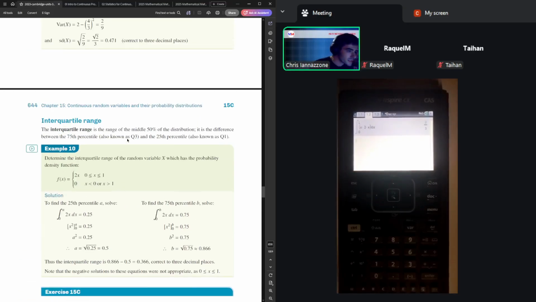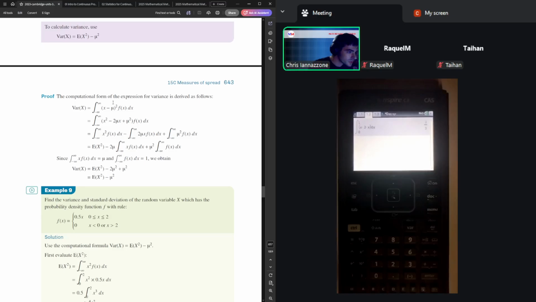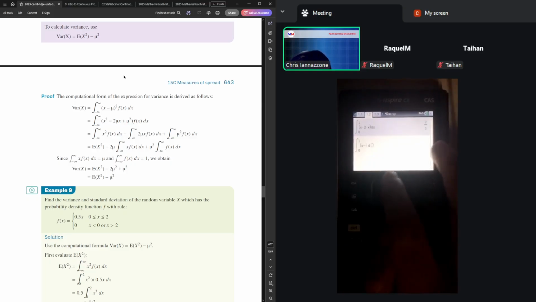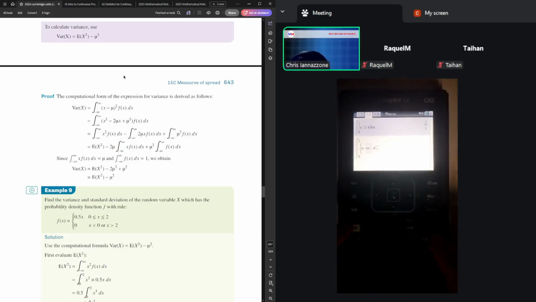To then plug that into the variance equation, if we scroll up, we are again integrating over the full domain, so 0 to 1. This time we are doing x minus the mean, all squared, and then times f of x.